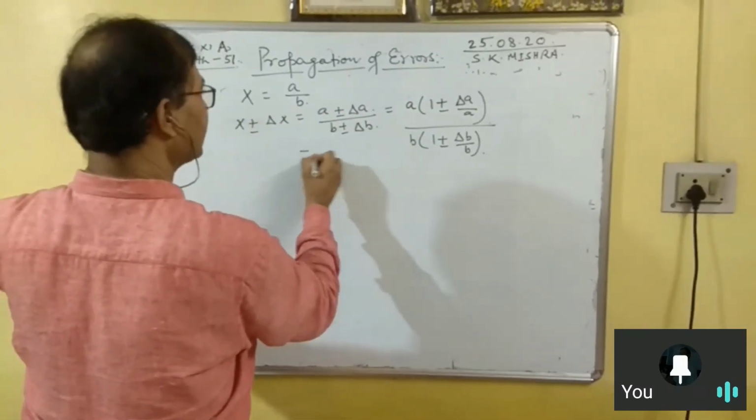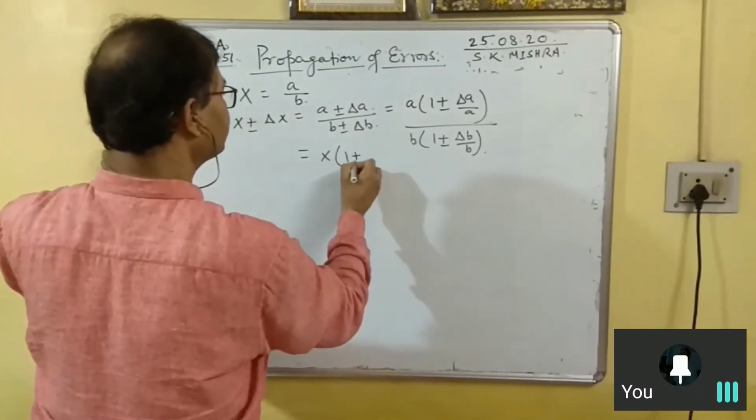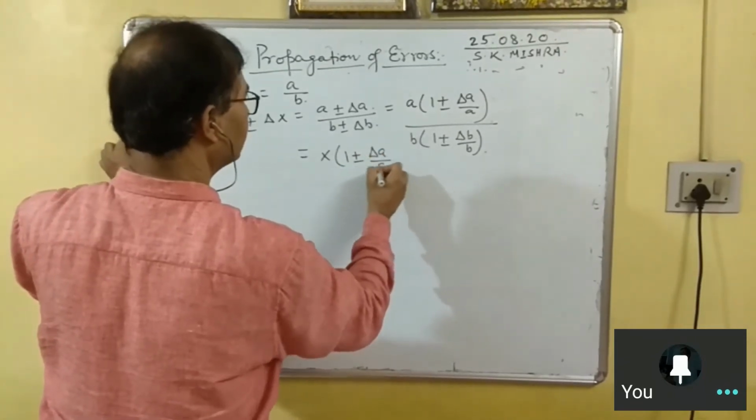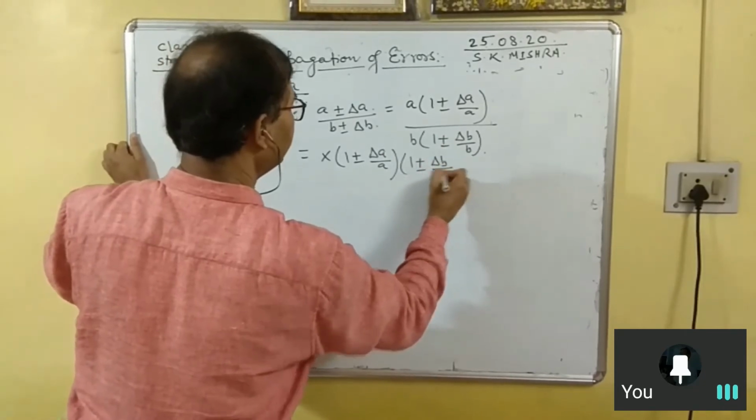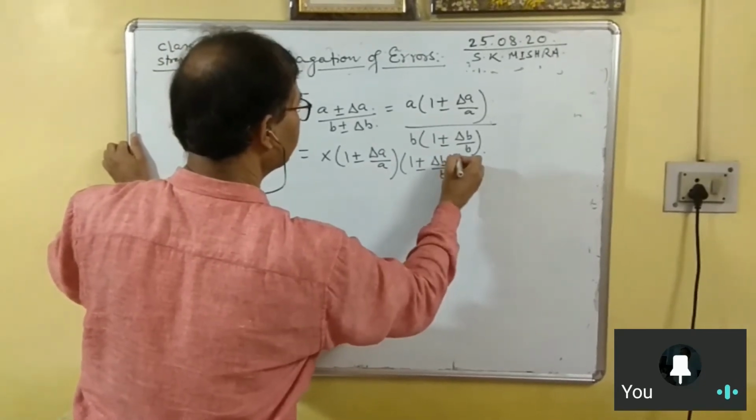So this is x only, then 1 plus minus delta a by a, then 1 plus minus delta b by b raised to minus 1.